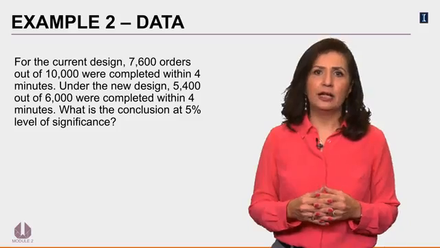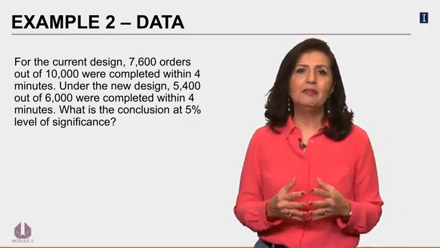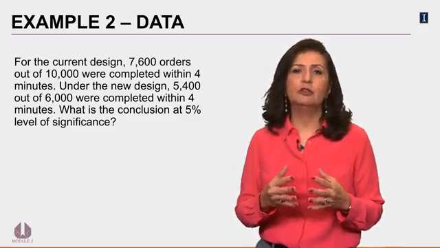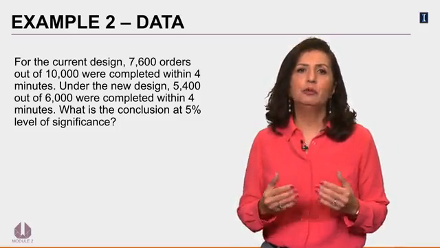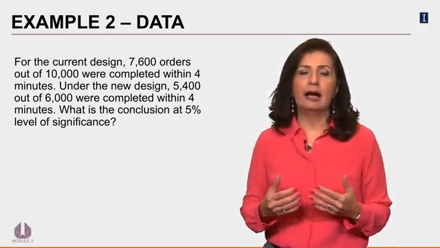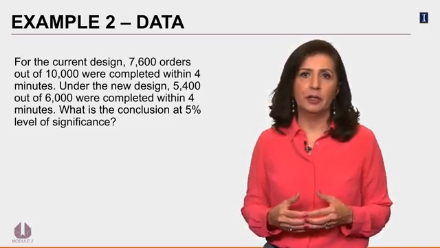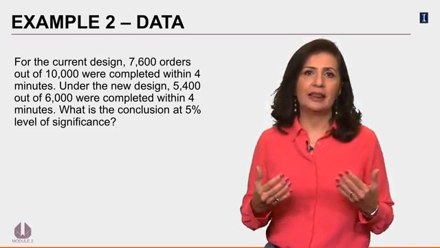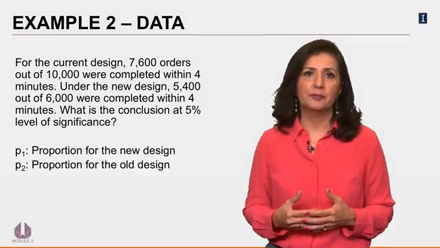The data has been collected, and for the current design, 7,600 orders out of 10,000 were completed within 4 minutes. Under the new design, 5,400 out of 6,000 were completed within 4 minutes. What is your conclusion at the 5% level of significance?